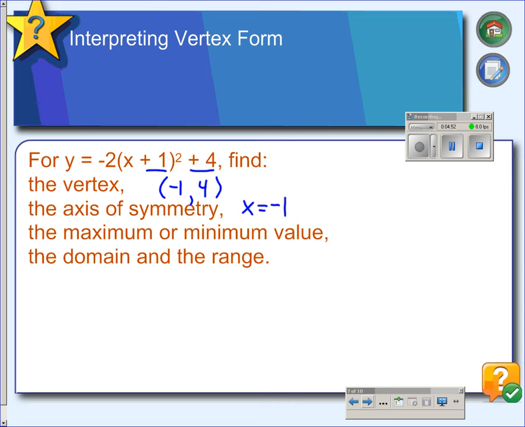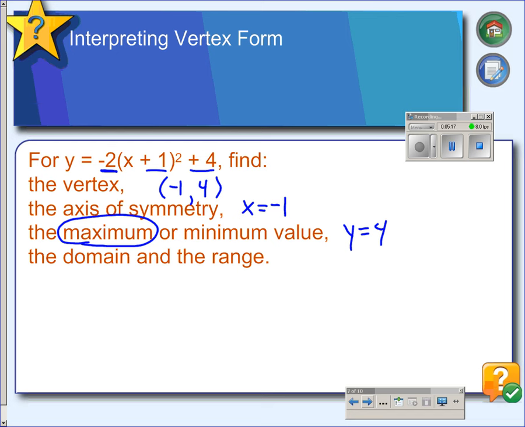The maximum or minimum value will occur at the vertex. And in this case, it is actually a maximum value because our a value here is negative. So it's going to be a maximum value, and it is the y value. So our maximum value is y equals 4.